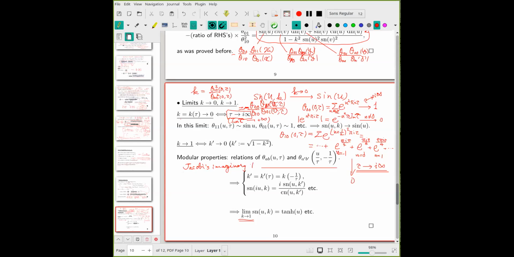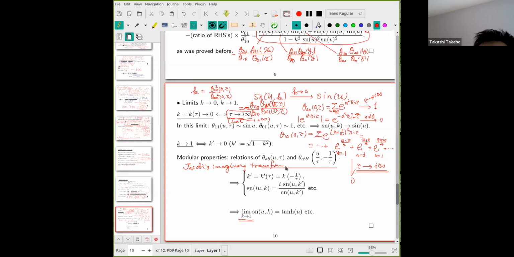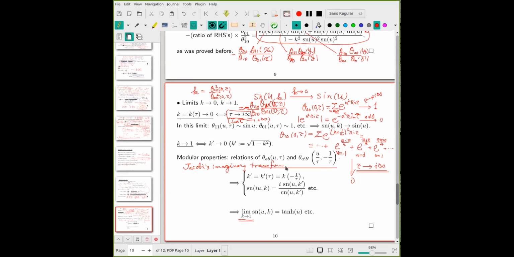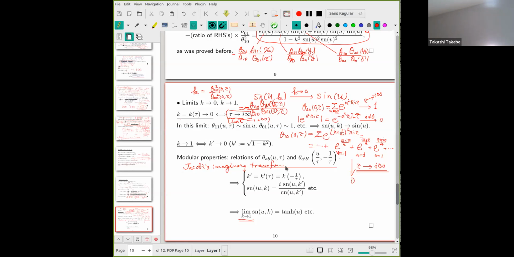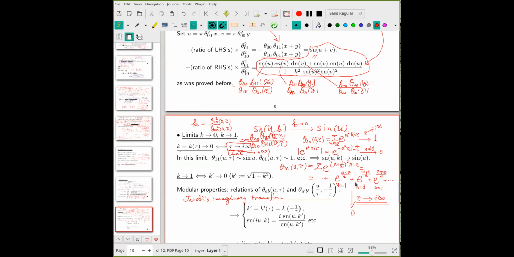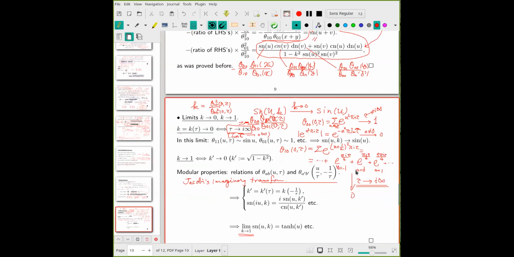After you have already proved the formula for the differential, then you have the integral representation, and you can just take k equals 1 in the integral. Then it is probably easier. Also, certainly for the case of sine, this is the easiest way to prove it.